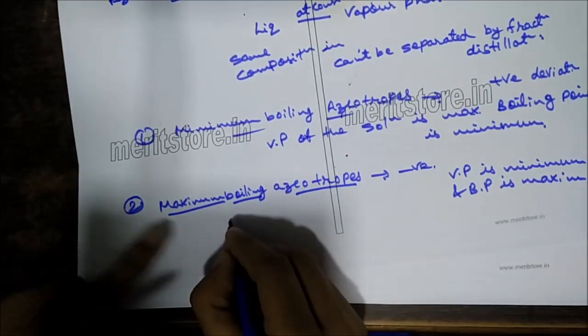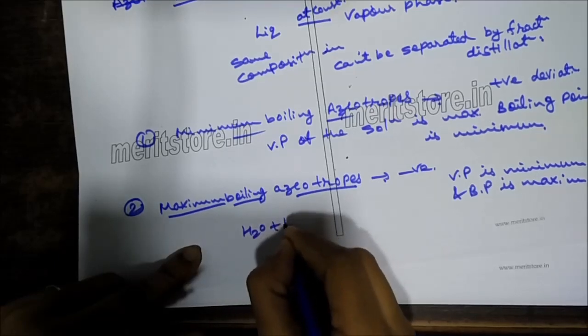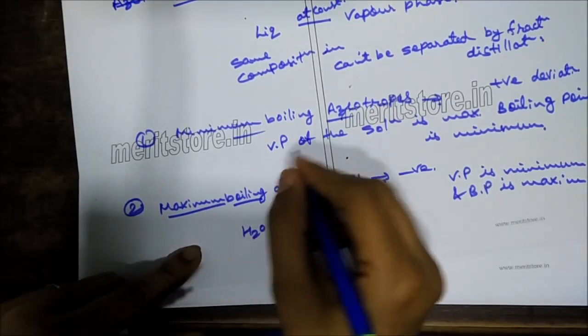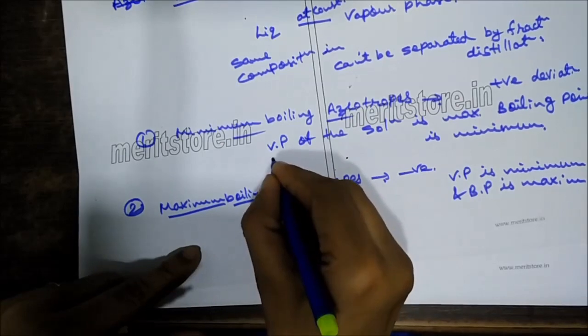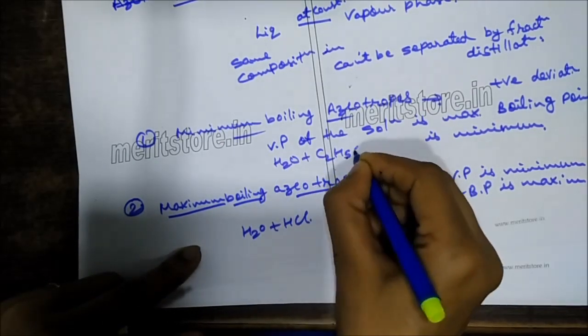The example of the maximum boiling azeotropes are water and hydrochloric acid solution, and for minimum it is water plus ethyl alcohol solution.